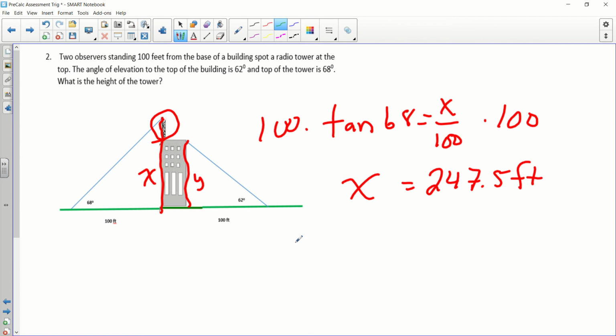To find Y, again, I'm going to use tangent, except it's 62 degrees this time. And that's going to be Y over 100.